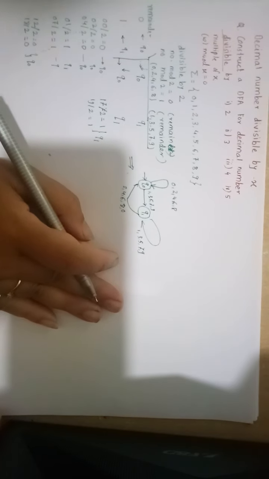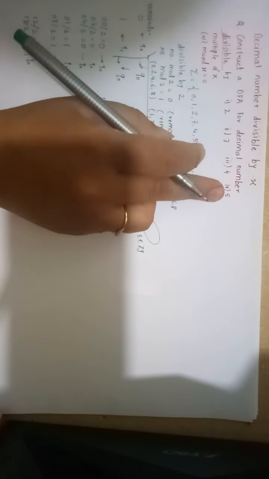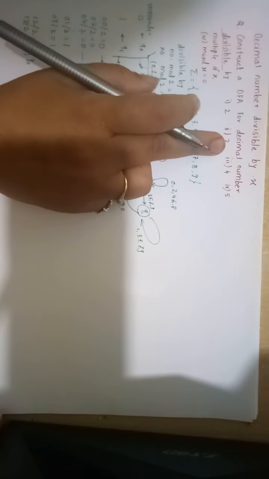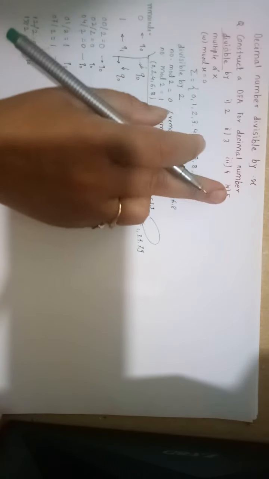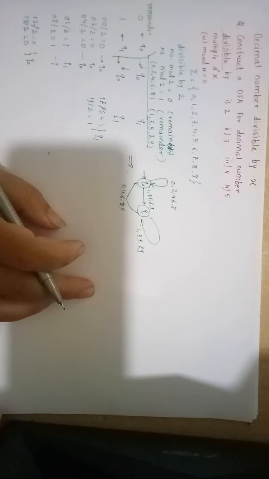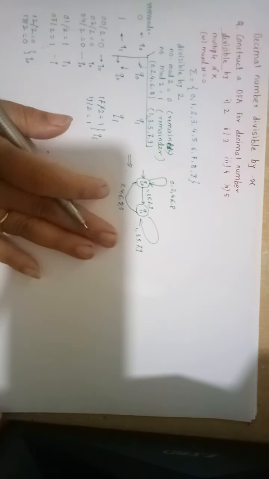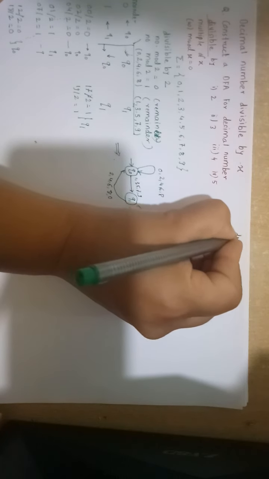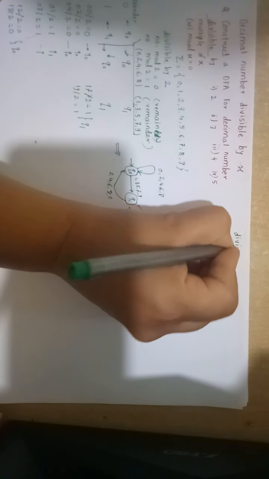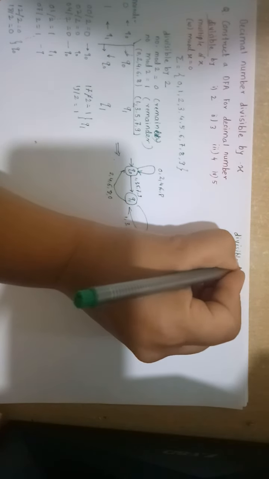Again, the same process we apply for divisible by 3, divisible by 4, divisible by 5 also. Now we see divisible by 3.